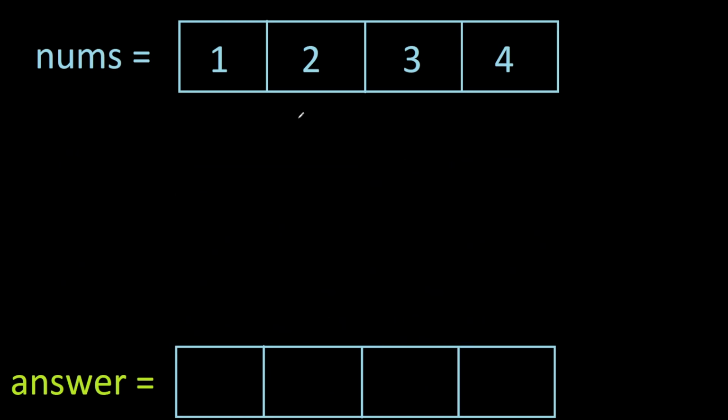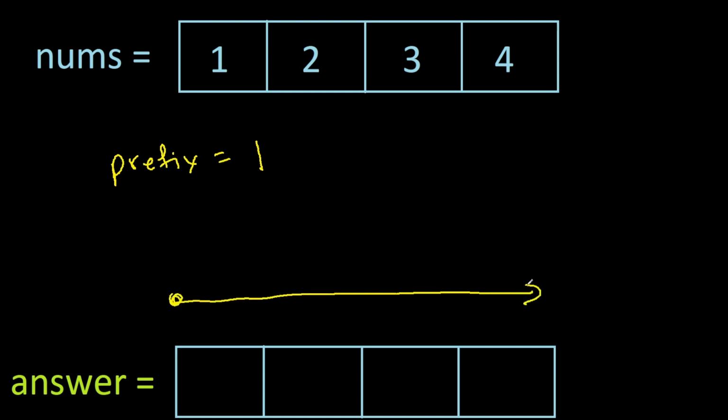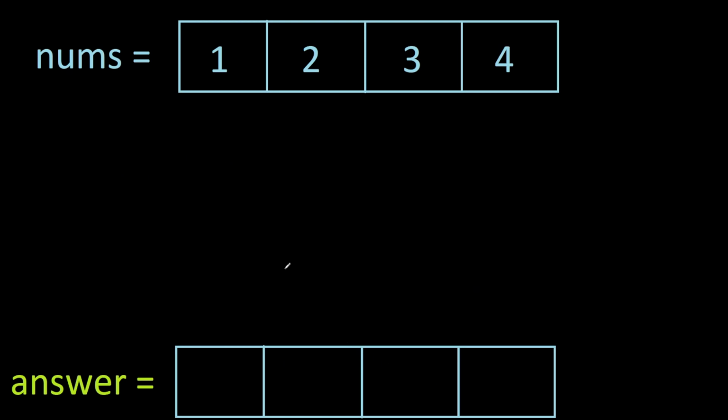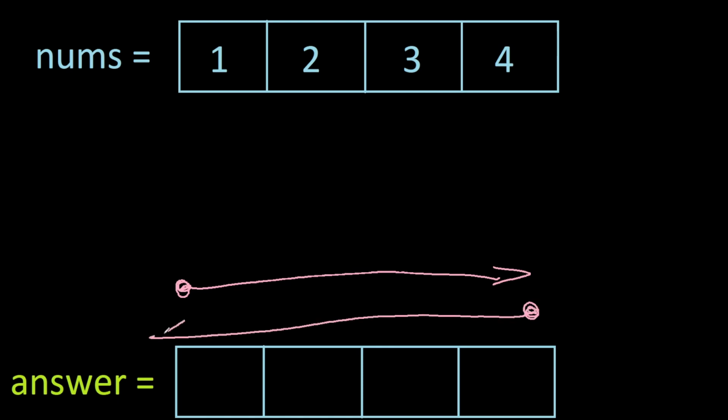So what that would look like is we're going to start with a variable called prefix, and we're going to assign it the number 1. As we go through it forward to do our prefix, we are going to input our prefix into this array. So in order to do the prefix and postfix in here, we're going to input prefix going forward, and then we'll modify it and put postfix going backwards so that at the end we can return our answer array.